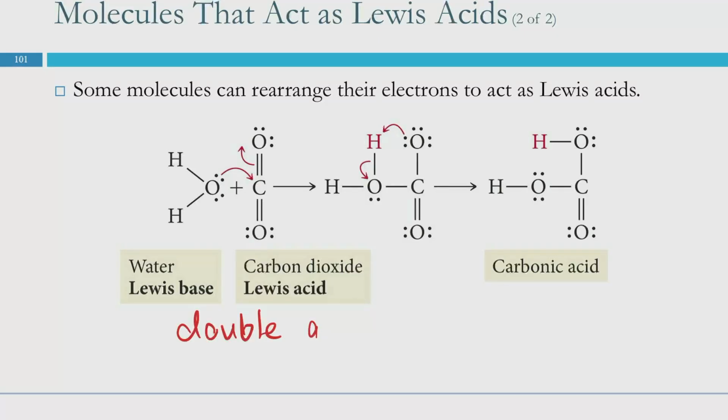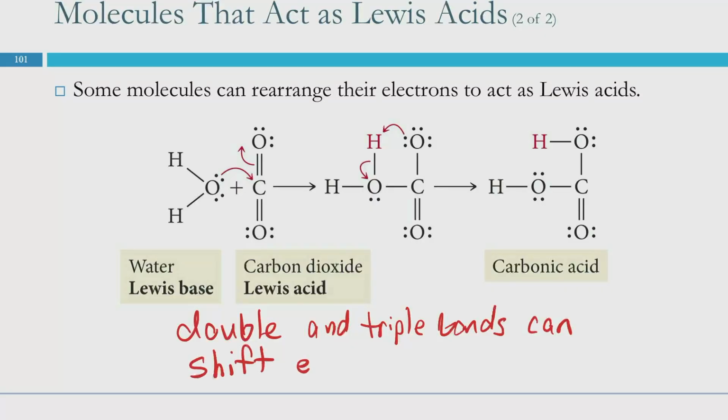So double and triple bonds can shift electrons to the more electronegative (EN) elements.